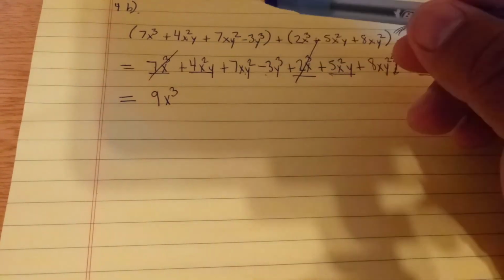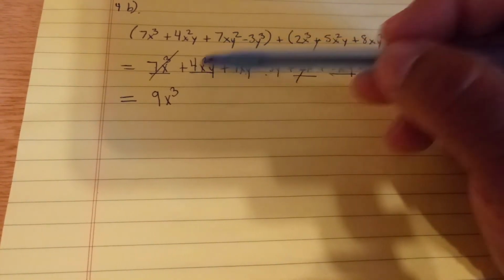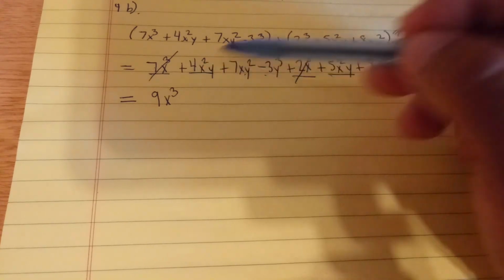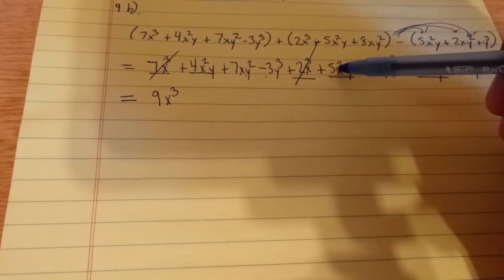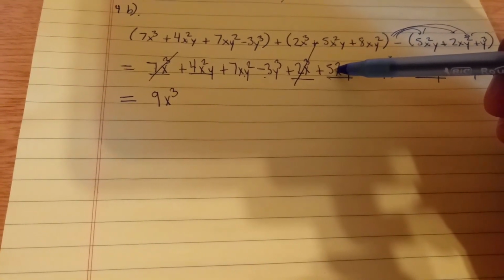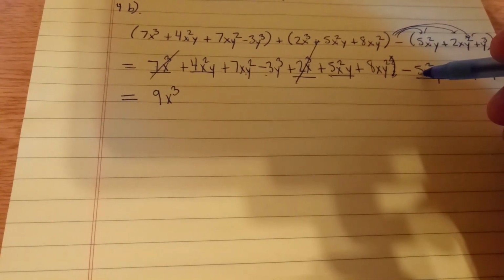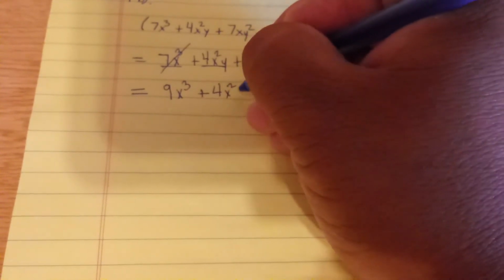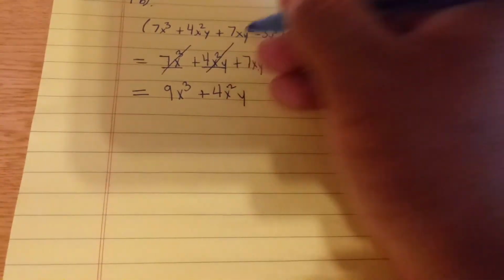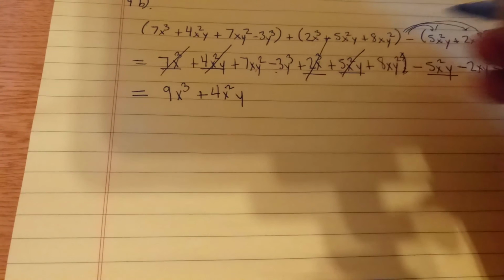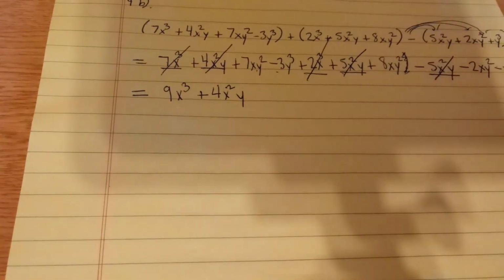So first, we're going to go ahead and take a look at these two. So 4 plus 5, that'll give you 9. And then we're going to go ahead and subtract minus 5. So 9 minus 5 will give you positive 4. So here we're going to end up with positive 4 x squared y. So scratch those off. Make sure that you do that, so you know what you already used up.